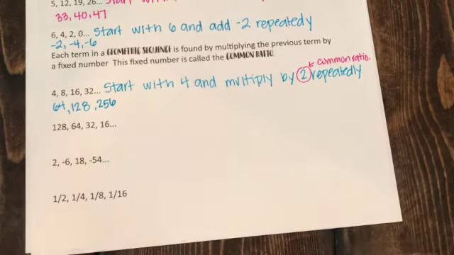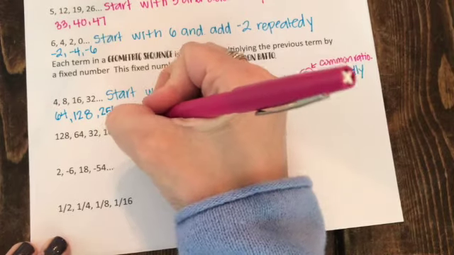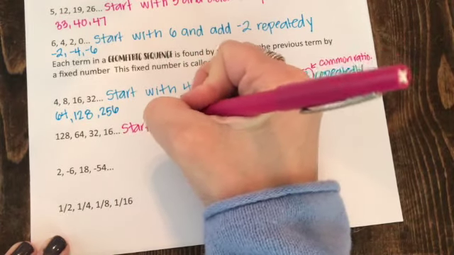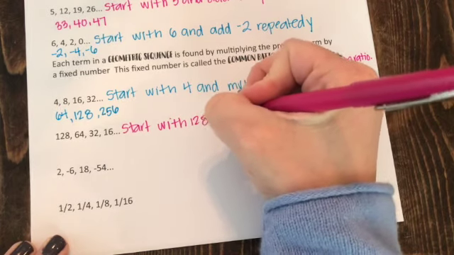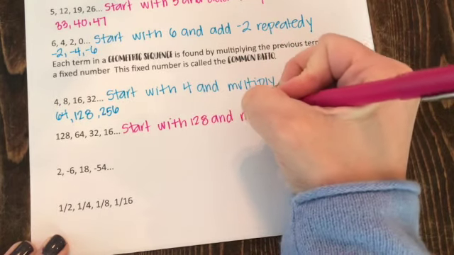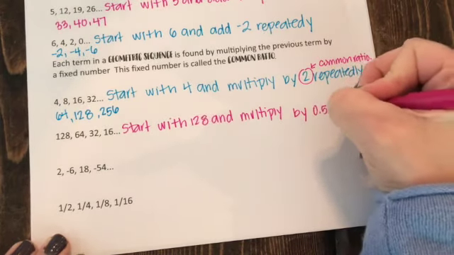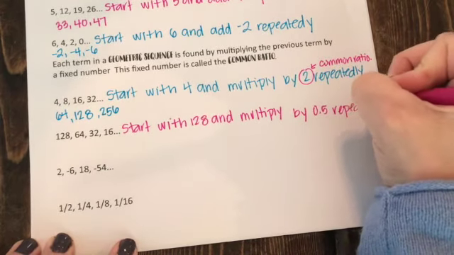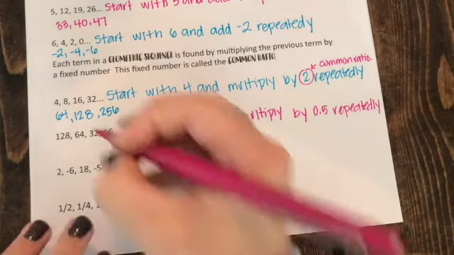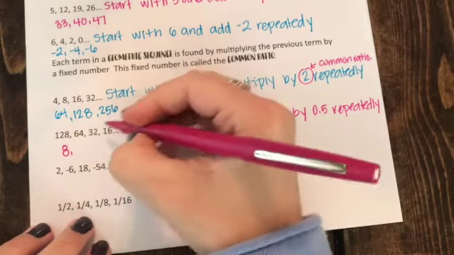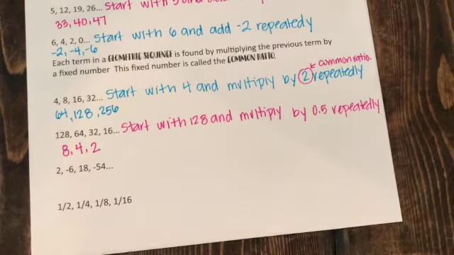So therefore, we are multiplying by 0.5. So we're going to say start with 128 and multiply by 0.5 repeatedly. Okay, and then the next three would go 8, and then half of 8 is 4, and half of 4 is 2.